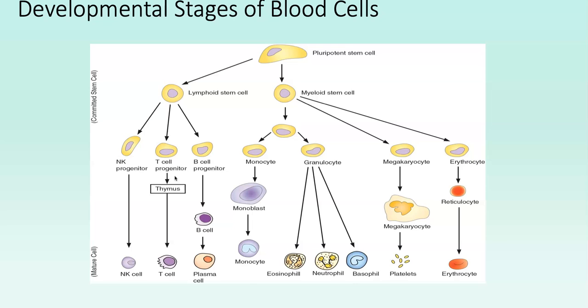Now this diagram demonstrates the developmental process of each of the blood cells and what they go through in the maturation process. At the top, where we start out with the stem cell, these are where the cells are at their most immature, or not as differentiated as those down here at the bottom.